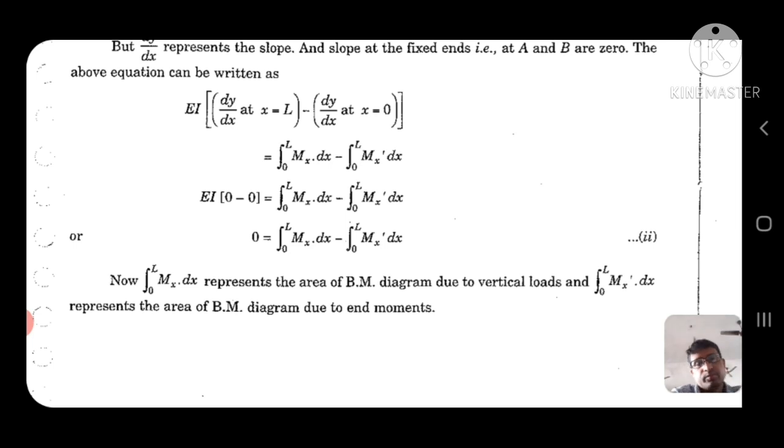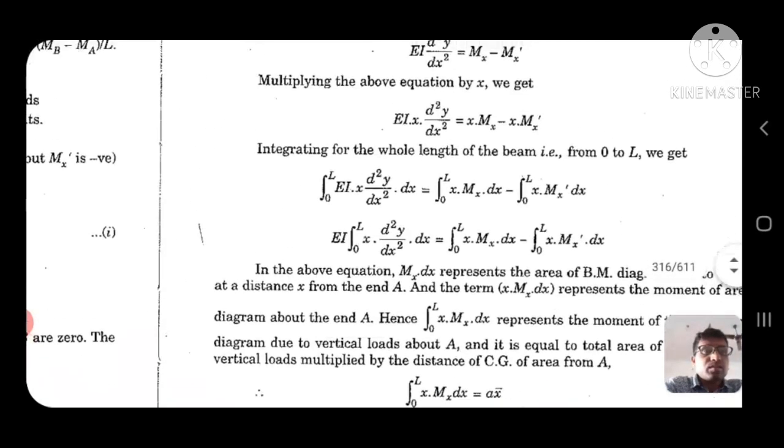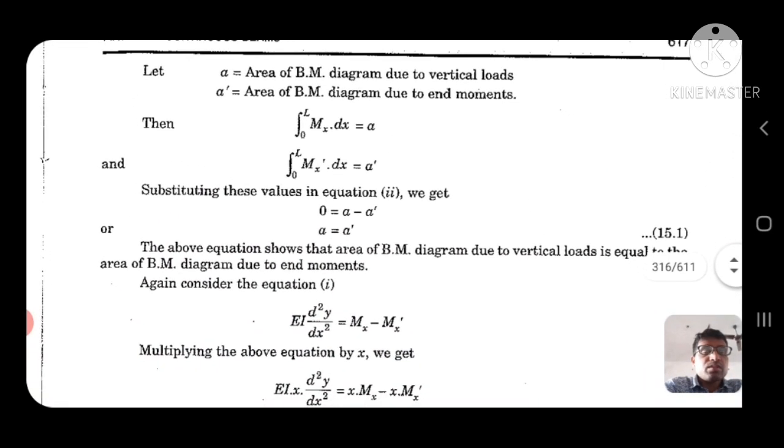Now, the integral from 0 to L of Mx dx represents the area of the bending moment diagram due to vertical load, and the integral from 0 to L of Mx prime dx represents the area of the bending moment diagram due to end moments. A is equal to the area of the bending moment diagram due to vertical load, and A prime is the area of the bending moment diagram due to end moments. The integral of Mx dx from 0 to L is equal to A, and the integral of Mx prime dx from 0 to L is equal to A prime.